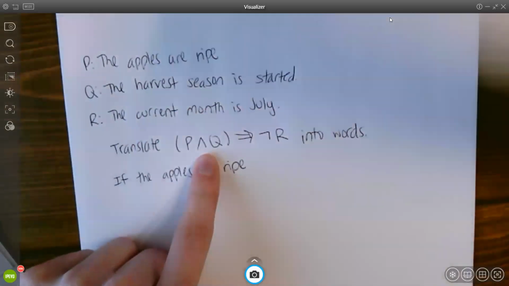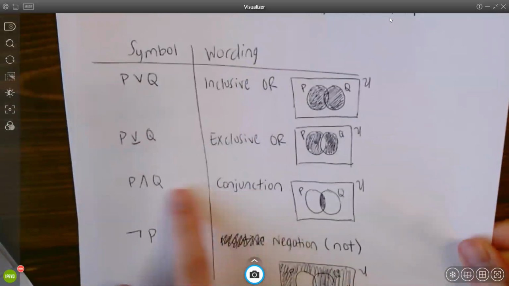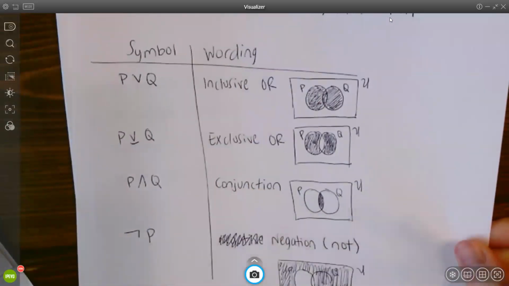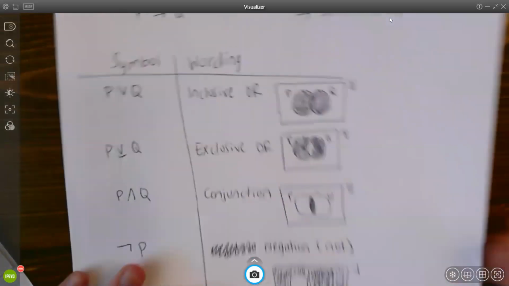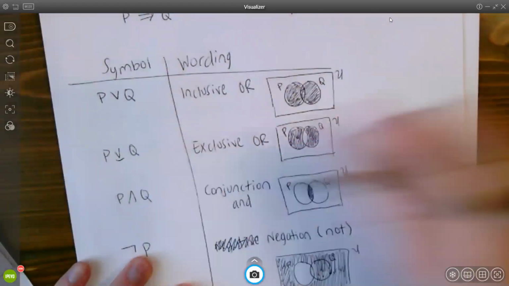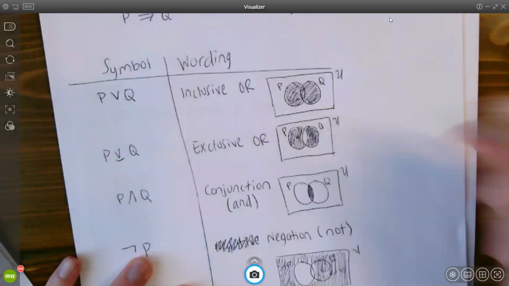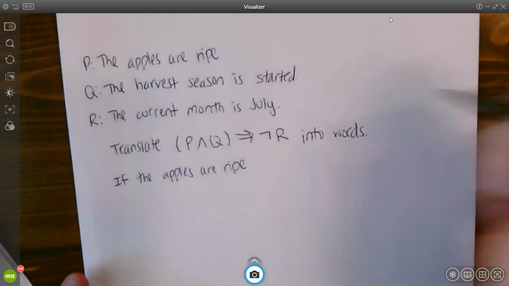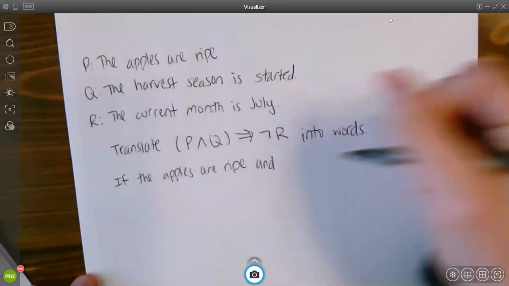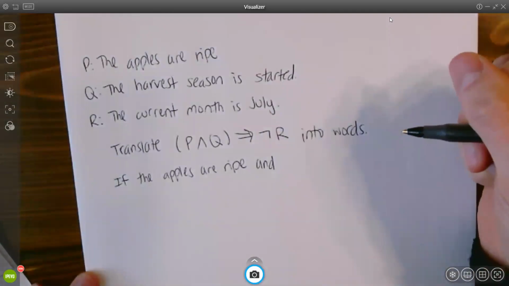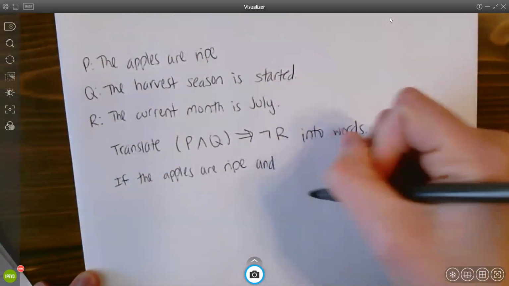This is my conjunction symbol. Conjunction would really mean and. So if the apples are ripe and Q, the harvest season started.